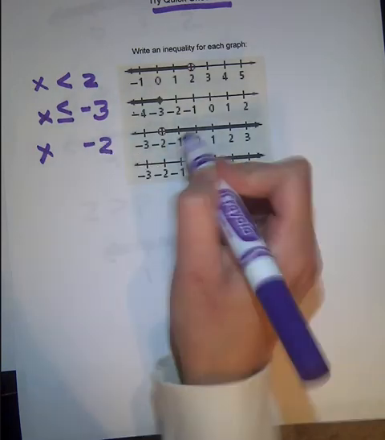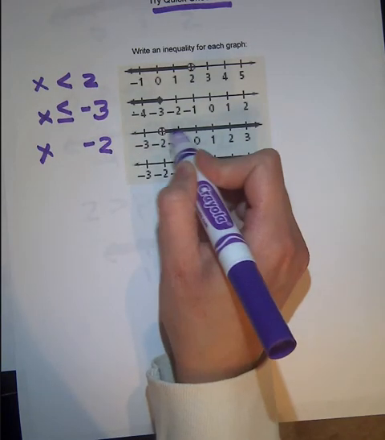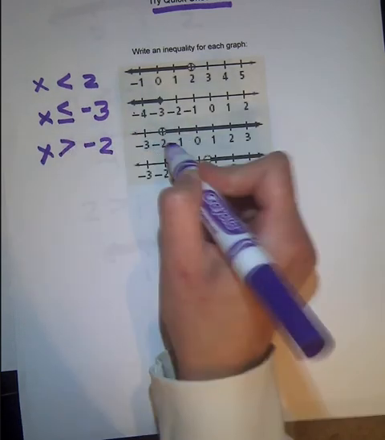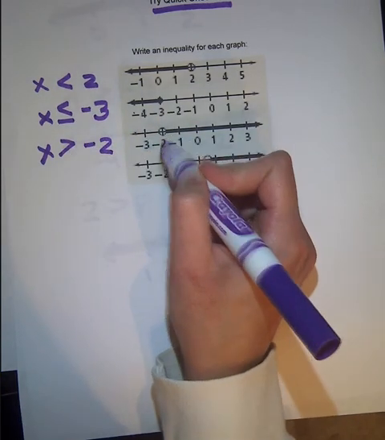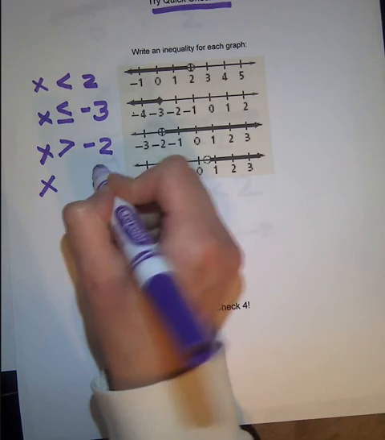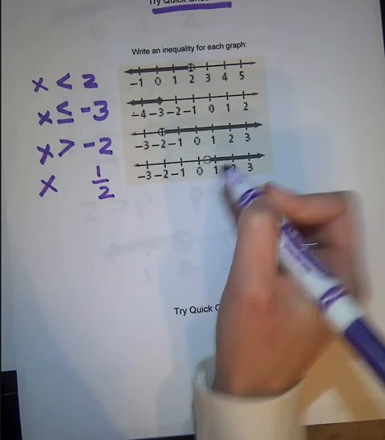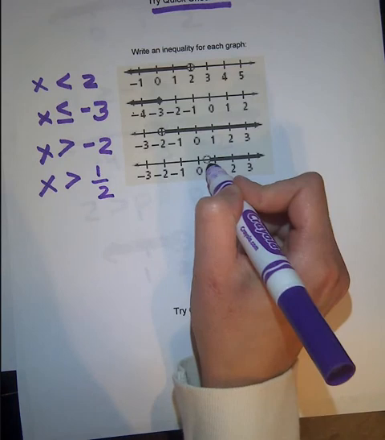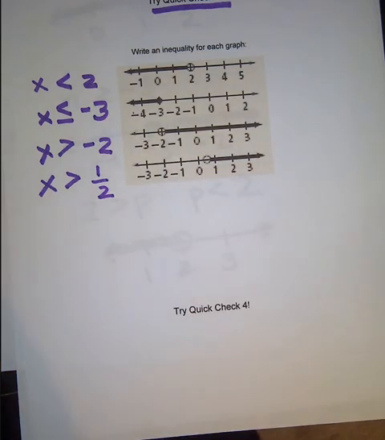But this time, all my numbers that are shaded are the ones greater than -2. So I put greater than, but it does not include -2, so don't put an equal to there. Last example, we've got x, and this looks to be about a half. And I've got all the numbers greater than that, but it does not include that half, so it's just x is greater than a half.